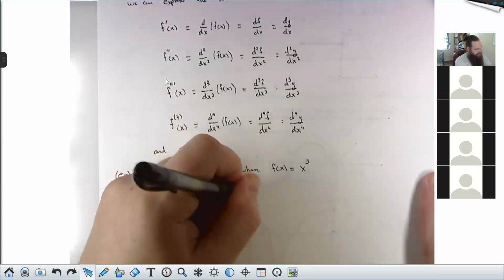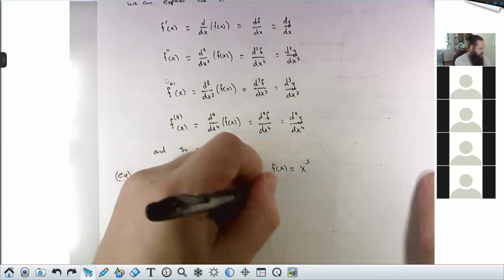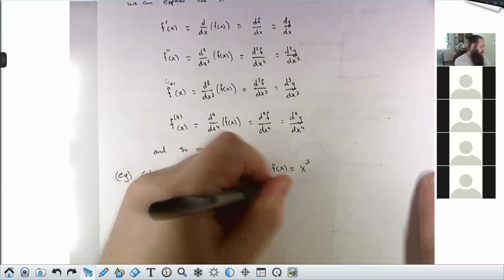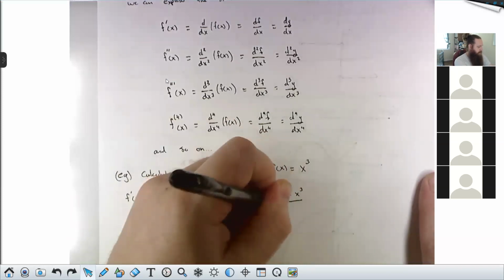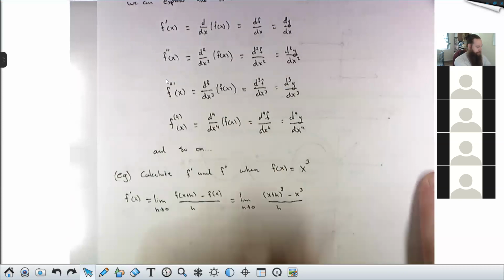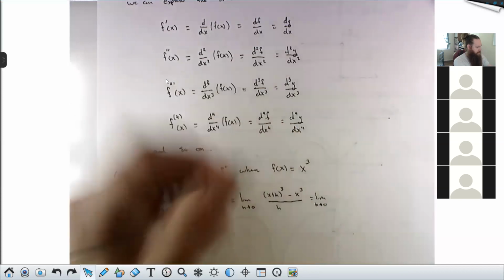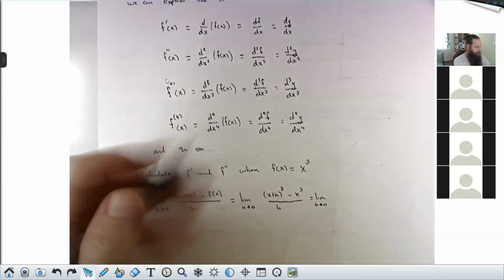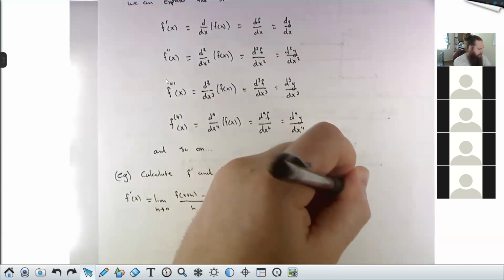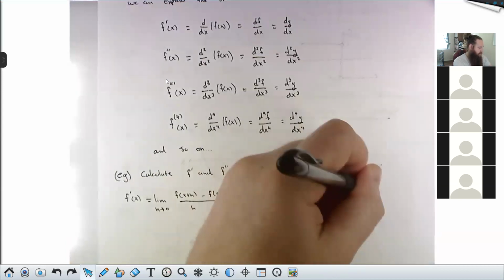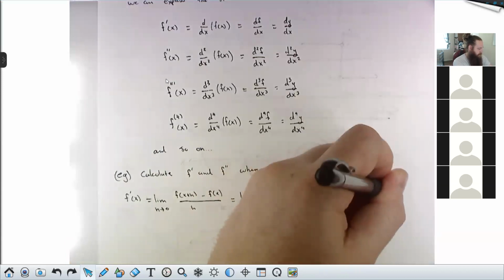That's the limit as h goes to 0 of x plus h cubed minus x cubed all over h, which is the limit as h goes to 0 of x plus h cubed. I'm going to FOIL this all out. That's x cubed plus 3x squared h plus 3xh squared plus h cubed.